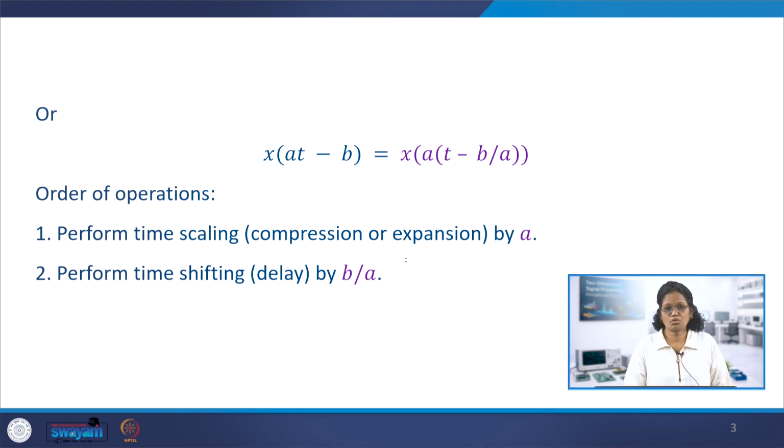Okay. So these are the two ways in which x of a t minus b can be obtained. These two combine the time shifting as well as the scaling operation. Either first do the shifting and then scaling, that's the preferable way, or we should be careful when we do the scaling first and then shifting.